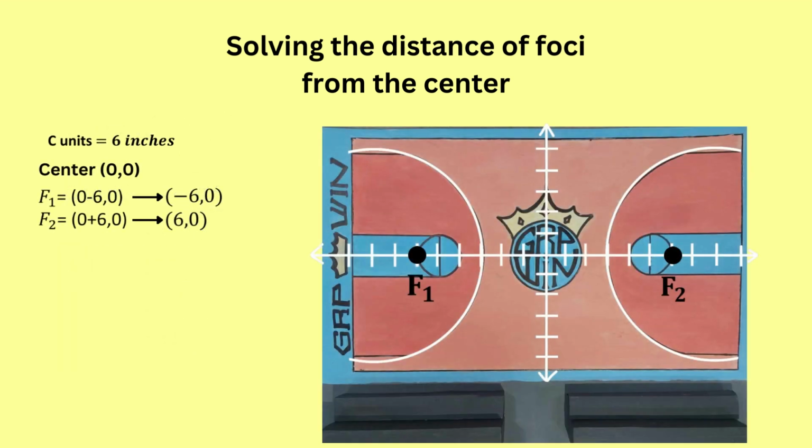After getting c, we solved for the foci by adding and subtracting c from the x of our center, giving us focus 1 at (-6, 0) and focus 2 at (6, 0).